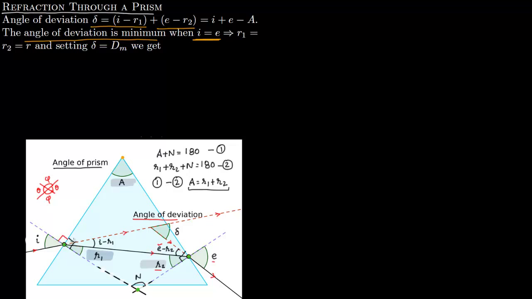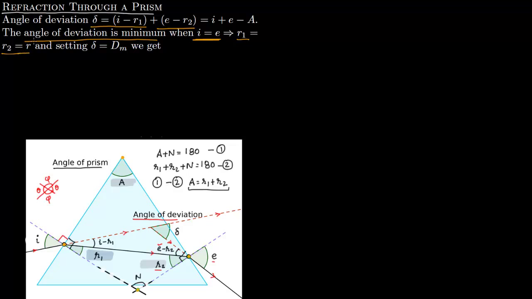Because if I is equal to E, this ray would be parallel to the floor and this triangle will become isosceles, because then I minus R1 and E minus R2 will also become equal, since this will be a parallel line. So R1 will become equal to R2, and you say R1 is equal to R2 is equal to R.